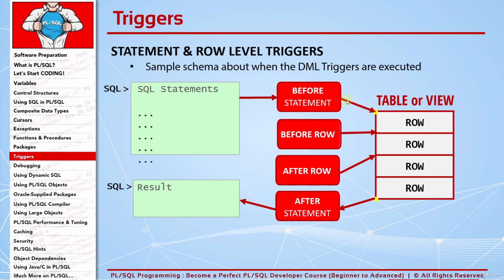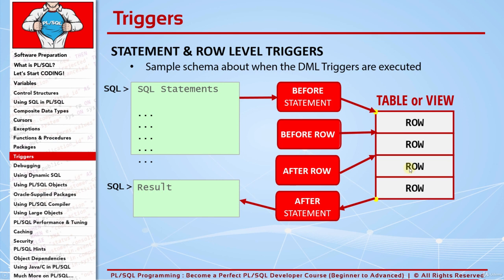Right after the trigger finishes execution, the DML operation is done on the table. But if you specified your trigger as an after statement trigger, first the DML operation is done on the table. After all the DML operations are done, the after statement trigger will be fired, right before the result is returned to the caller. But notice that if your query will update or delete 10 rows, for example, all 10 rows will be updated or deleted before the after statement trigger is executed.